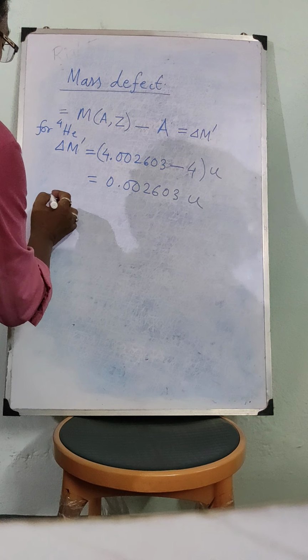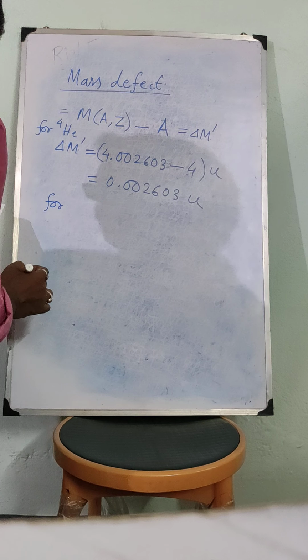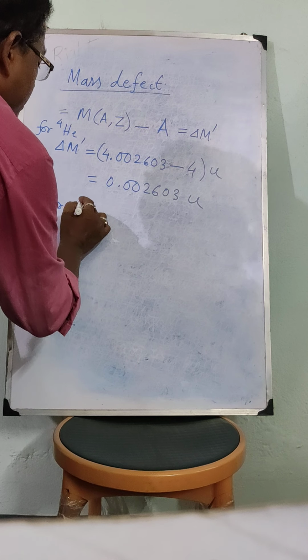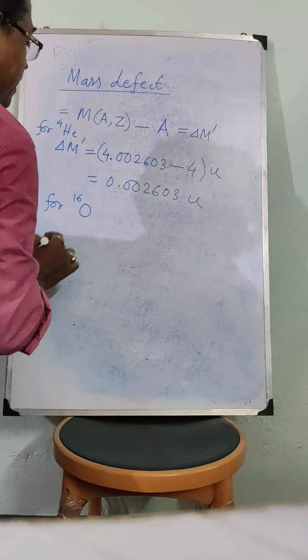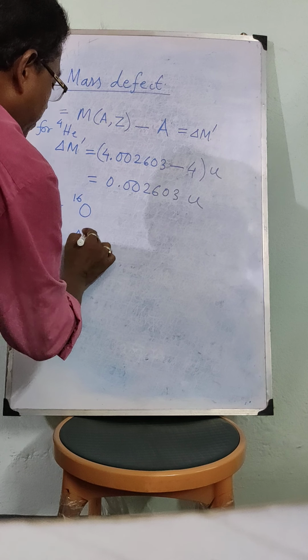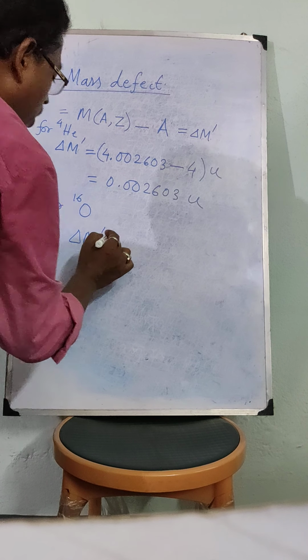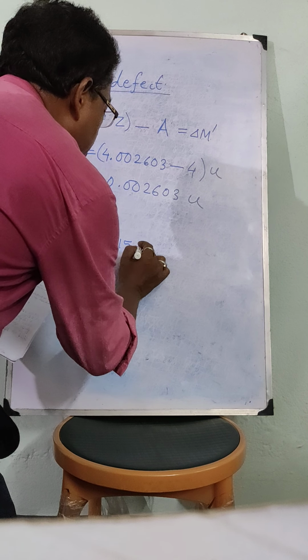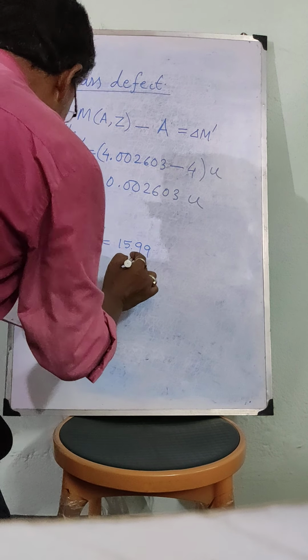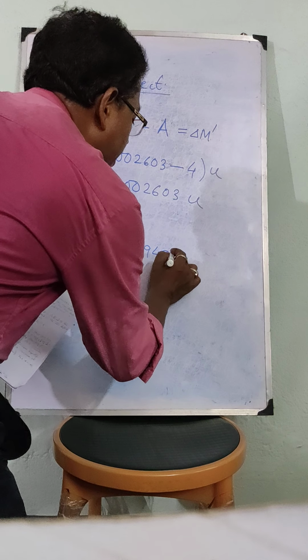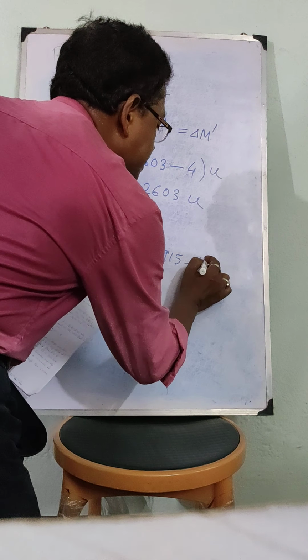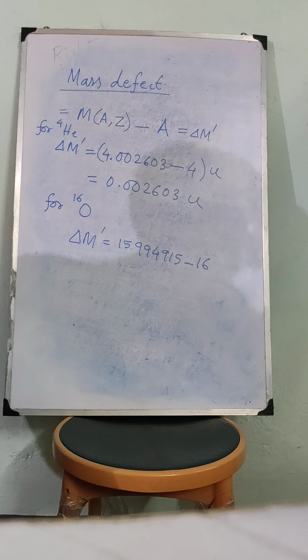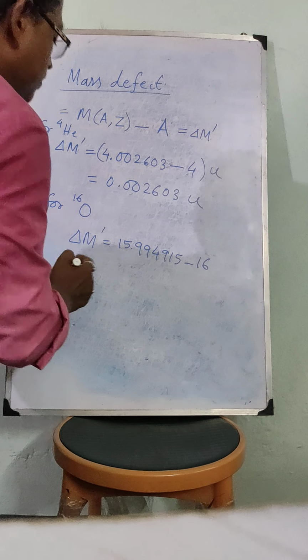Similarly for oxygen 16, this delta M prime is equal to 15.994915 minus 16, where 16 is the mass number of the oxygen atom.